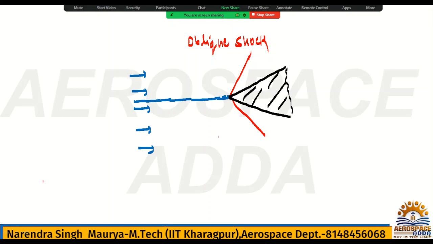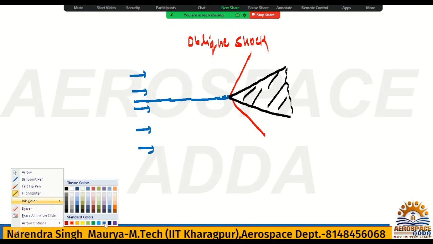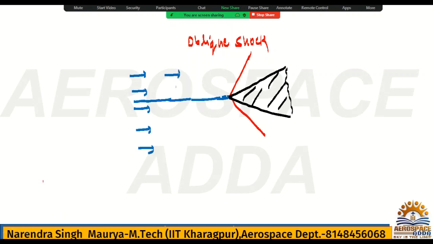And if you check the flow pattern after the formation of the shock, how will that flow pattern be? You just see the flow pattern here. This is ahead of the shock, and see what happens behind the shock. The flow will be turned because the object plane is inclined to the flow.